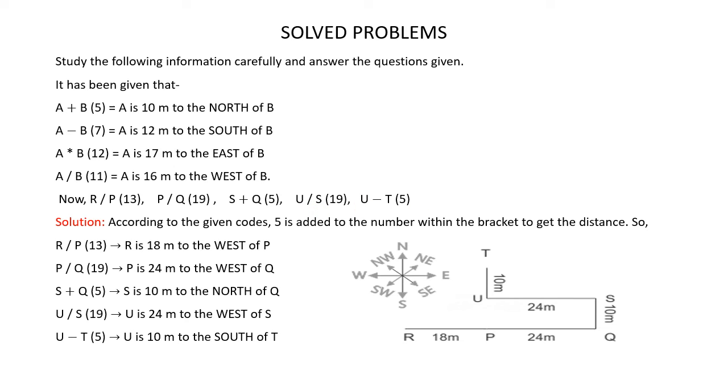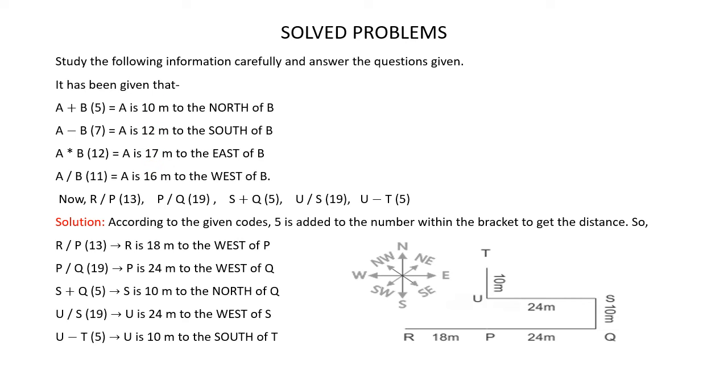Now according to the given codes, 5 is added to the number within the bracket to get the distance. So 5 is added to this 5. So 5 plus 5 is 10. 7 plus 5 is 12. 12 plus 5 is 17. 11 plus 5 is 16. So 5 is added to the numbers in the brackets to get the distance.